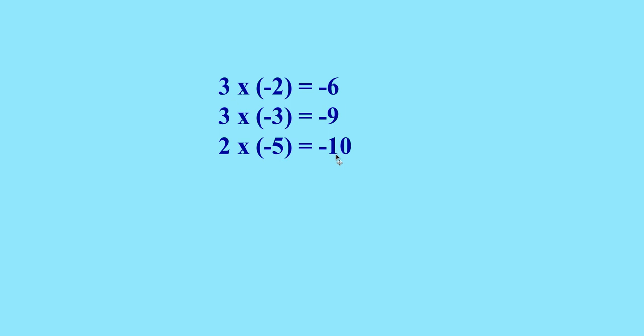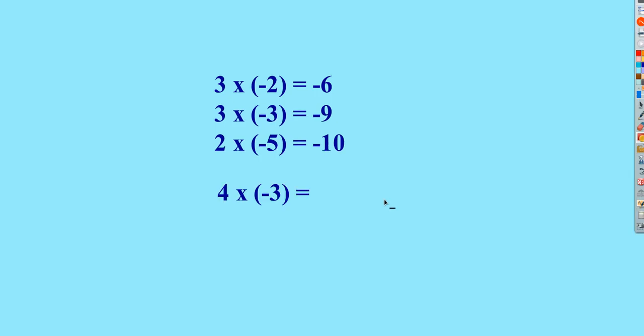Now without using number line, can you find the product of two numbers? What will be 4 into negative 3? Here you see, you multiply 3 into negative 2, you are getting negative 6. What is 3 into 2? It is 6. Then add negative sign.